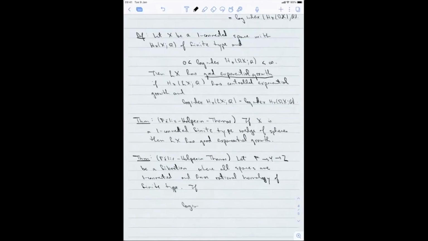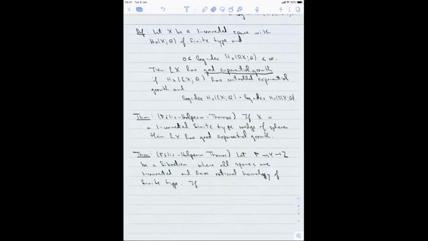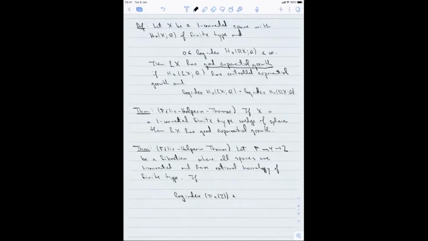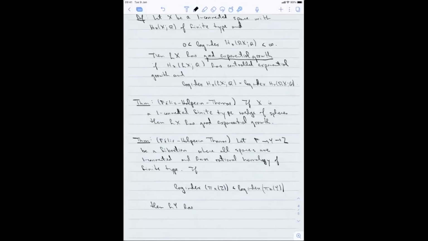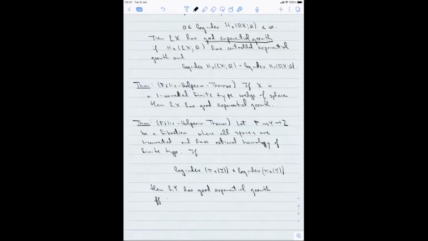If the log index of the homotopy groups of Z is less than the log index of the homotopy groups of Y, then the base in that fibration, its free loop space has good exponential growth if and only if the fiber does.